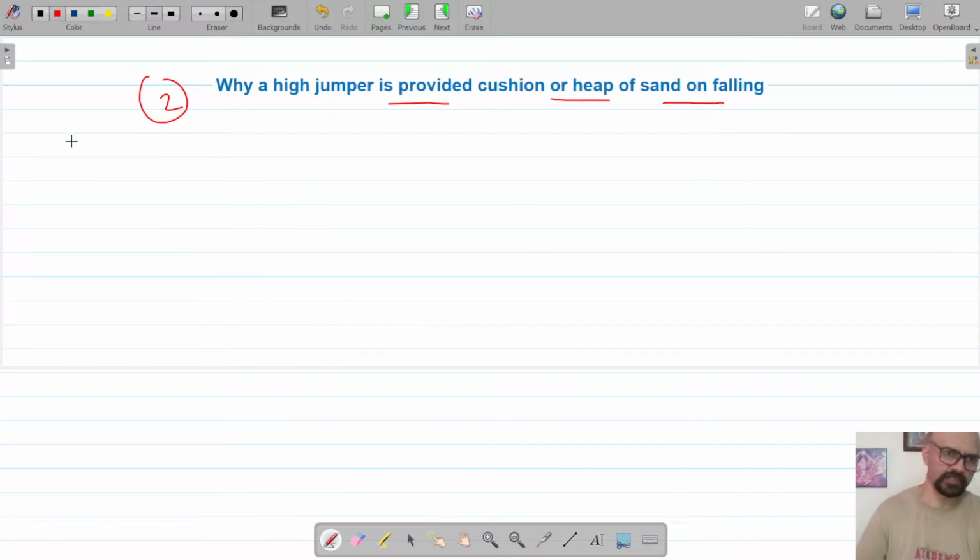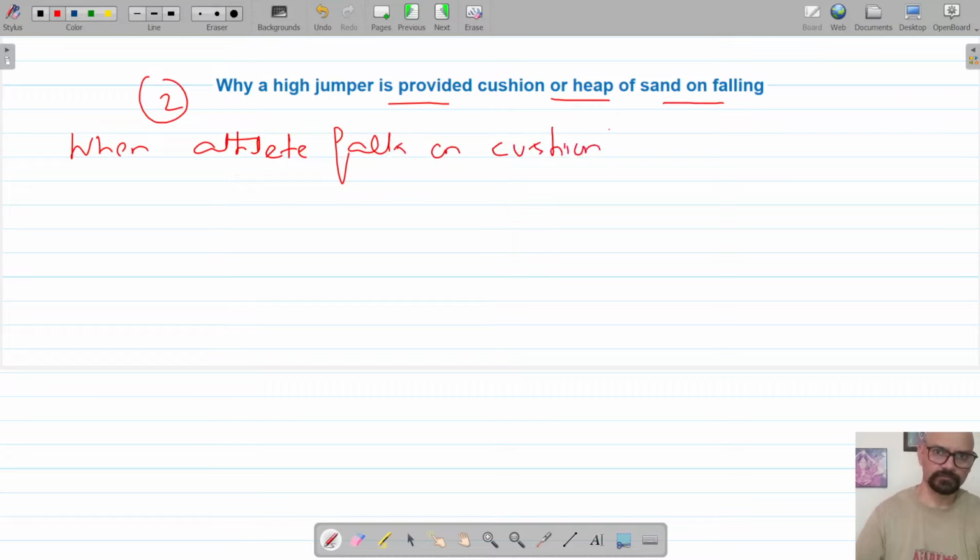So when the athlete falls on a cushion or heap of sand, this jumper takes a longer time to come to rest.